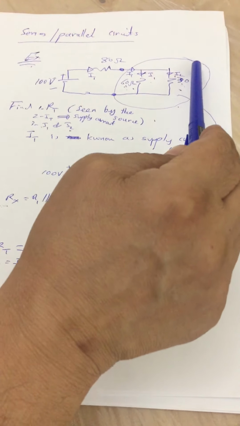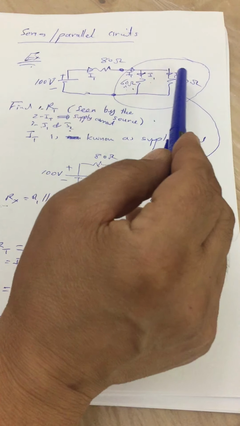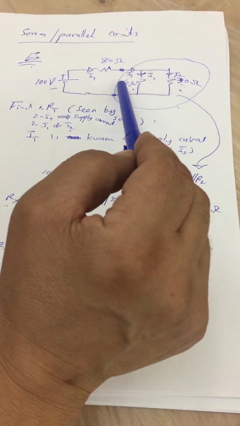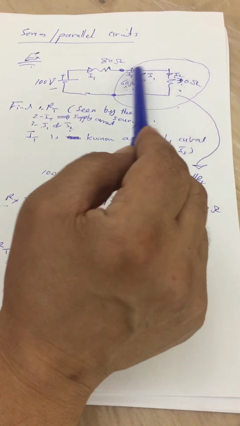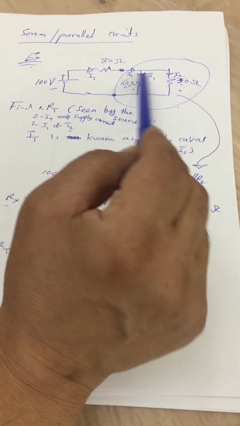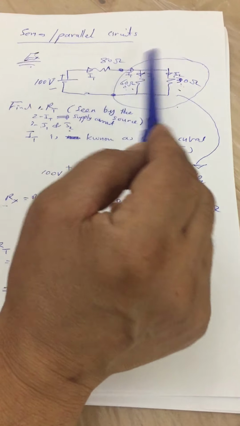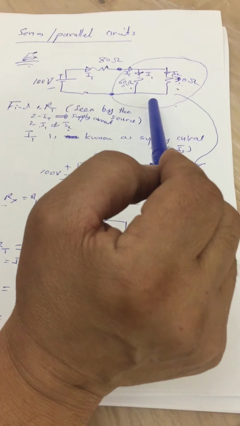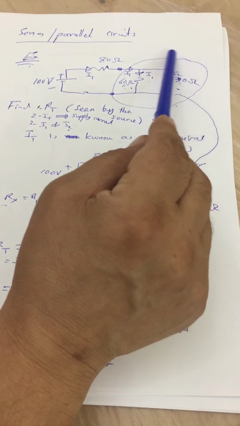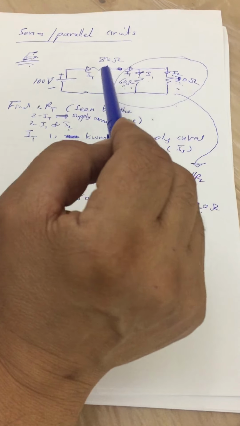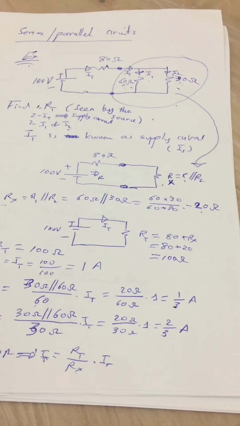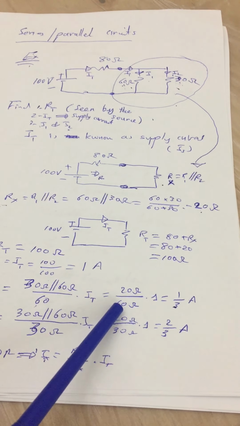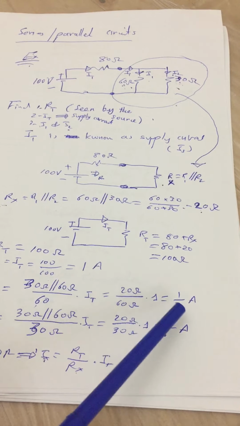So we are talking about the parallel connection between R1 and R2, the 30 and 60, and we want to apply the current divider rule for both resistors. So the parallel R total, for the sake of the current divider rule, is 30 parallel to 60, which is 20 ohms. So I1 will be 20 divided by 60 times I total, which is 1, so it will be 1/3.